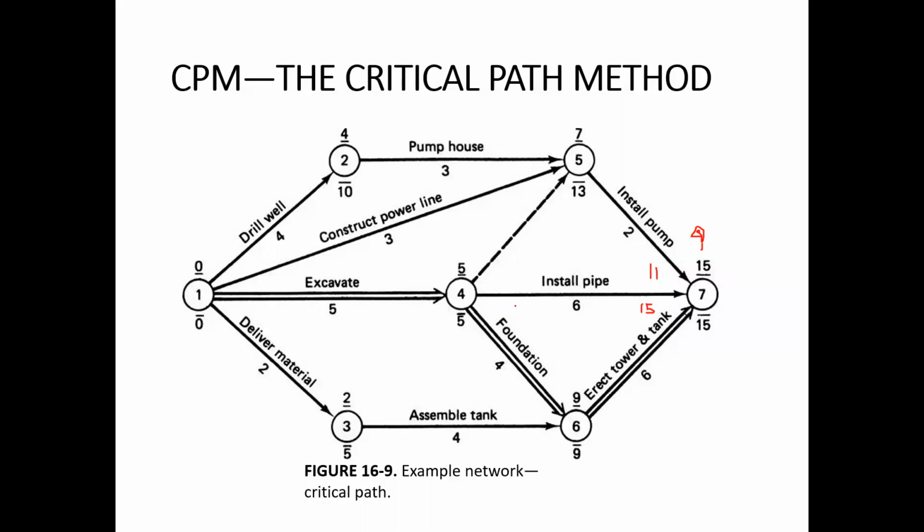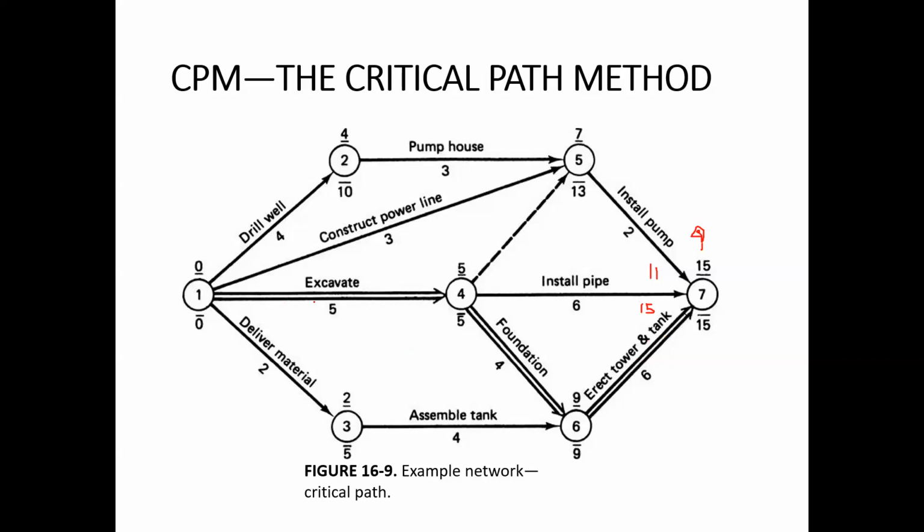If, for example, you say that install pipe is a critical activity because its starting event has both LET and EET the same, and its finishing event also has the same values, then I think it will be wrong, because in this case its float is not the same as we have calculated, it is not 0.